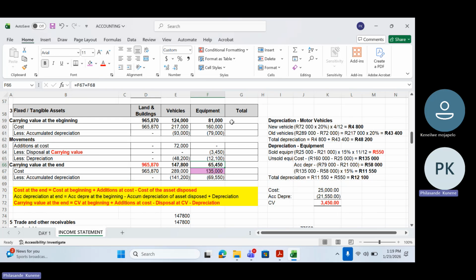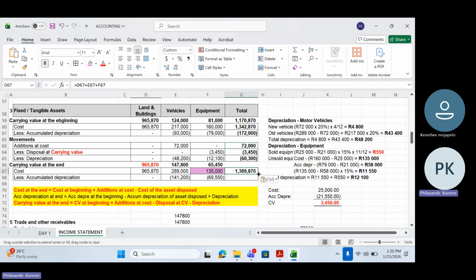Okay. Now you get your totals. For you to get the totals, it's very easy. I'm going to add all the carrying values, because now you're sure everything is right. You're just adding your totals like this. Here it's going to be 72,000, and you get all these totals, and at the end as well.